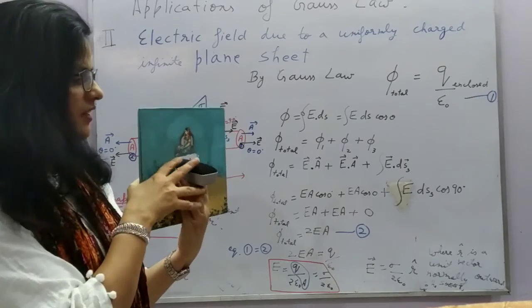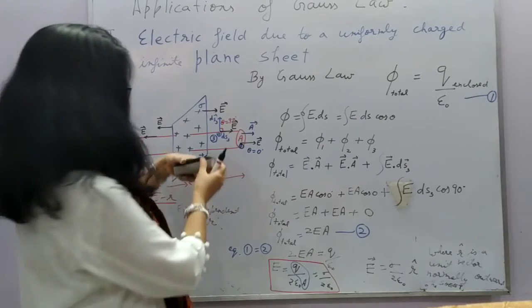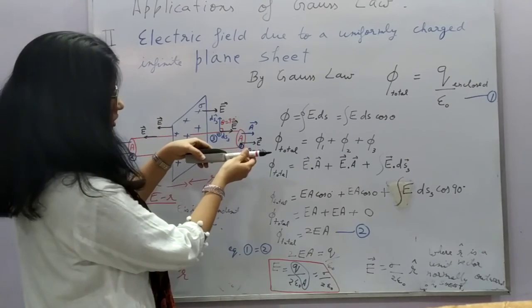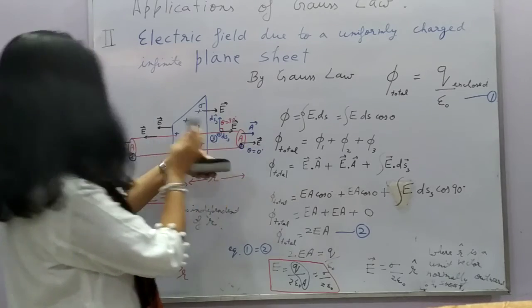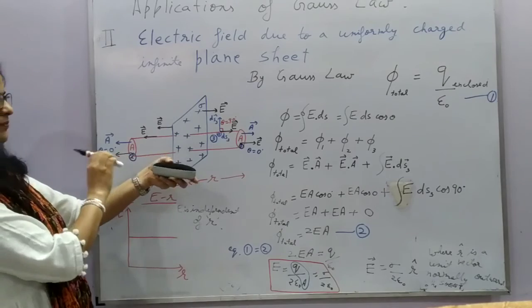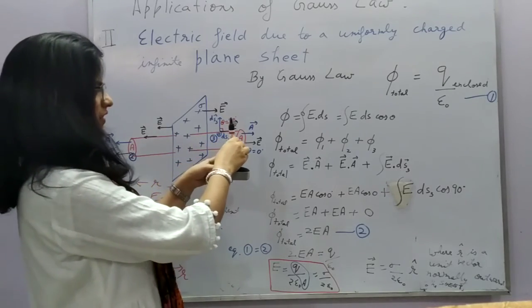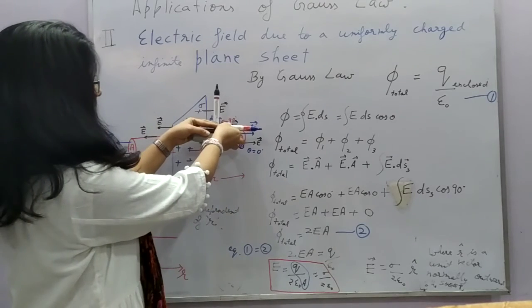Now let's check the area vectors. For this rectangular parallelepiped, for this face, the area vector is this way. So the angle between area and electric field is the same, 0 degree. For this face, the angle between electric field and area vector is the same. Let's check this face. Area vector is this, electric field is this. How much is the angle? 90 degree.